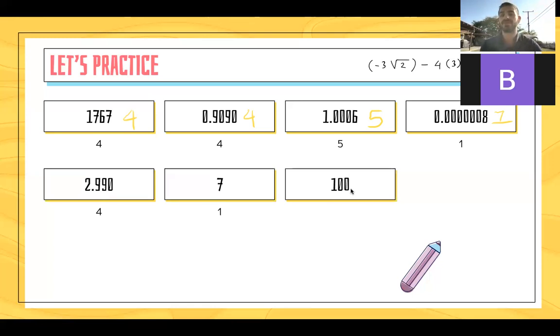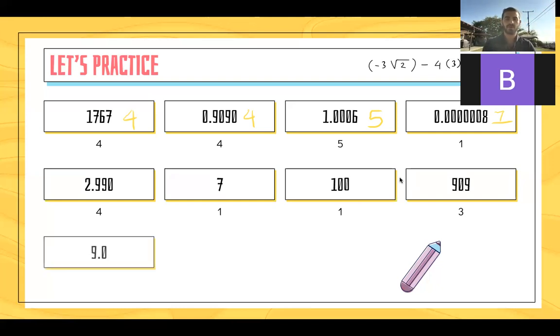No. So this also has 1 significant figure. 909, we have a 0 between 2 non-zero numbers, so that 0 is considered significant. So we have 3 significant figures. 9.0, although this 0 is after the decimal point, there's still a non-zero number in front of it. So this has 2 significant figures.